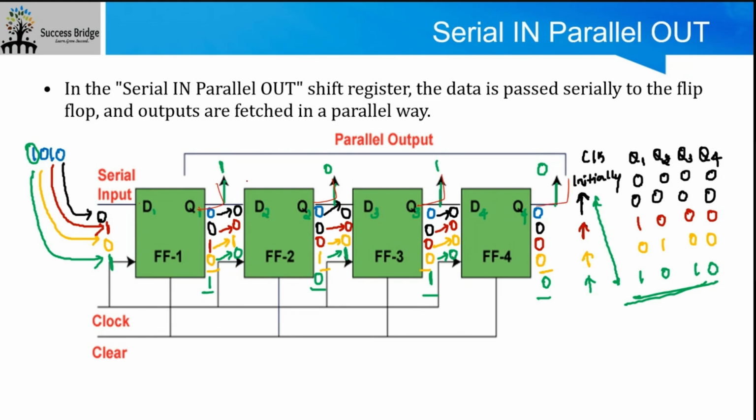You can collect this 1010 at each flip-flop output. For that, every time you can clear the flop after collecting the value from each flop output. This is serial in, parallel out.